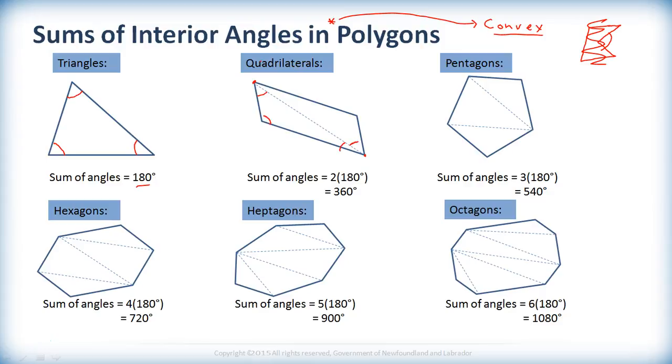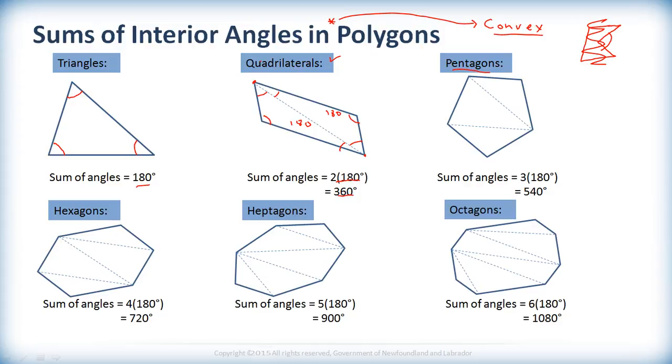And each triangle has to add up to 180 degrees. So we have 180 there and we have 180 there. And if that's the case, all we have to do to find the total of all the interior angles is to say we have 2 times 180 because I have two triangles there. So it's 360 degrees. Okay, so for a convex quadrilateral, we've got 360 degrees for the sum of our interior angles. What about a pentagon?